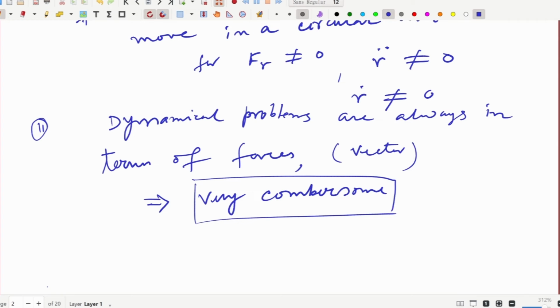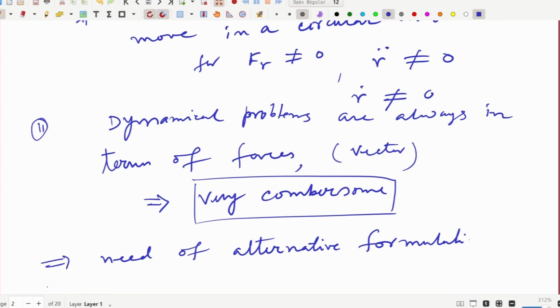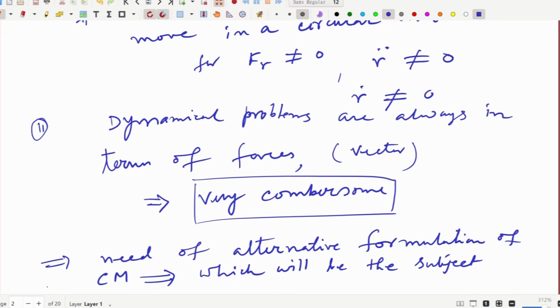And this implies the need of an alternative formulation of classical mechanics, which will be the subject of this course.